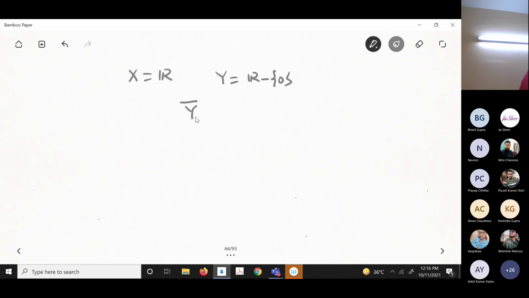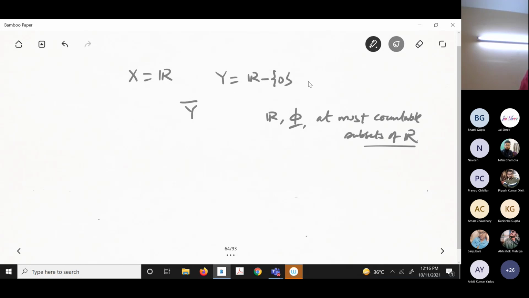Here I claimed the only closed set containing Y is R, because I told you the closed sets are R, phi, and at most countable subsets of R. Phi is out of the question. The countable ones are also out of the question because Y is uncountable, so any closed set containing Y has to be uncountable.